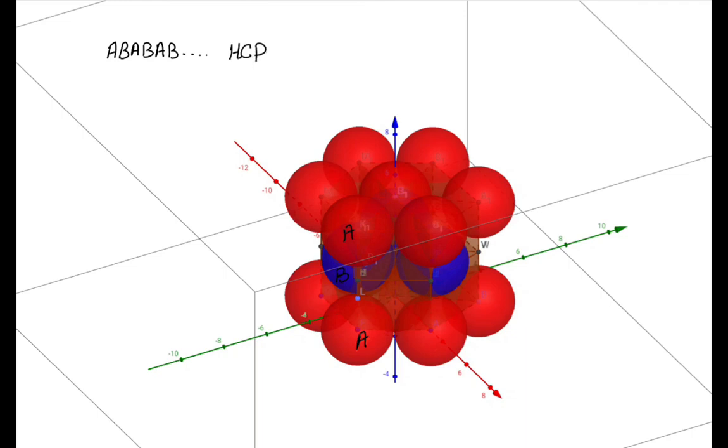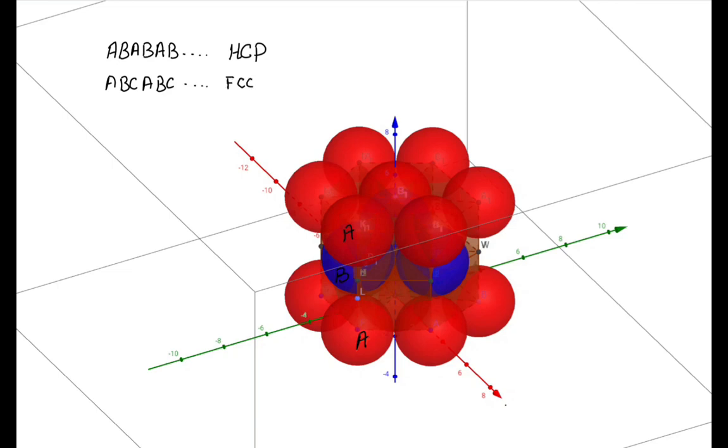But if the third layer is shifted not on top of A, in this case, the sequence will be A, B, C, A, B, C, and so on. This will be face-centered cubic crystal.